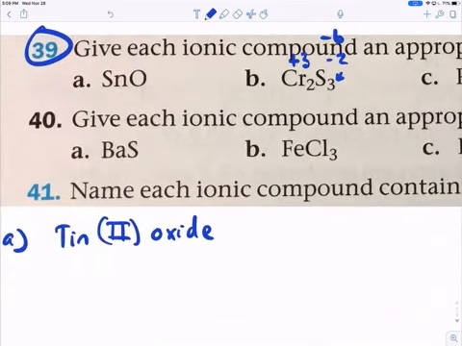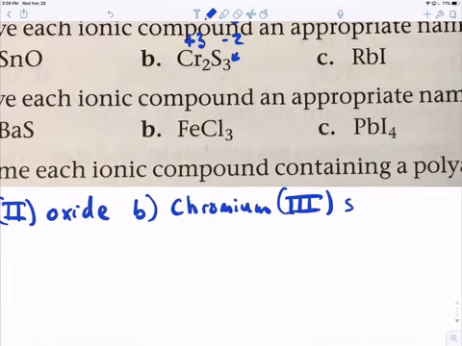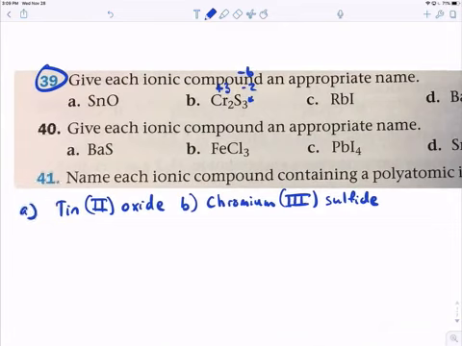So B is going to be chromium(III) sulfide. And C, it's rubidium as an alkali. The alkalis and alkaline earths are always +1 and +2, respectively.